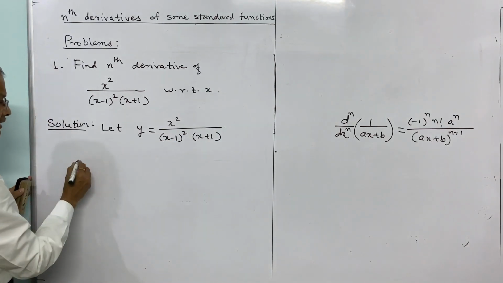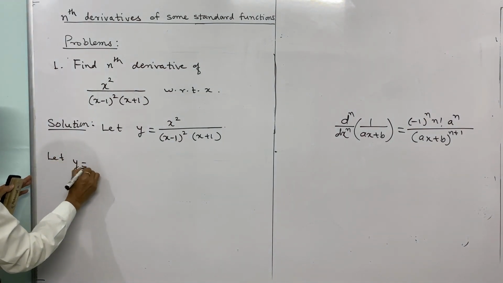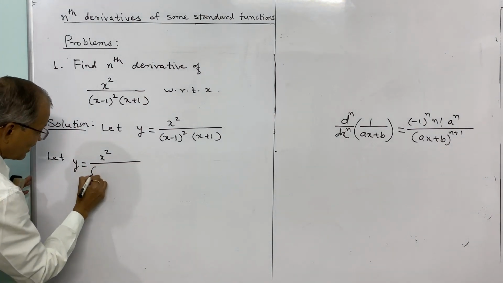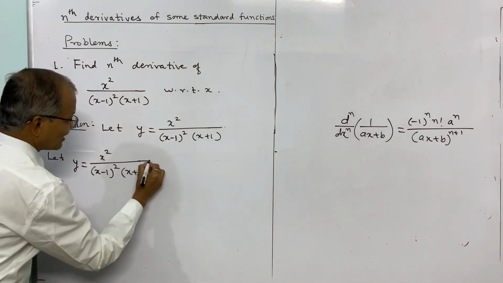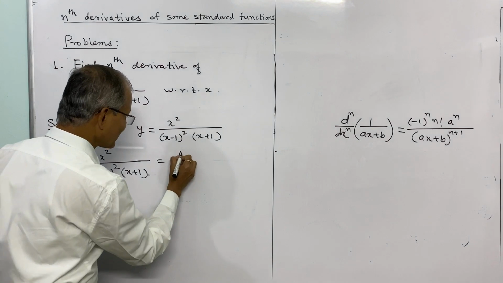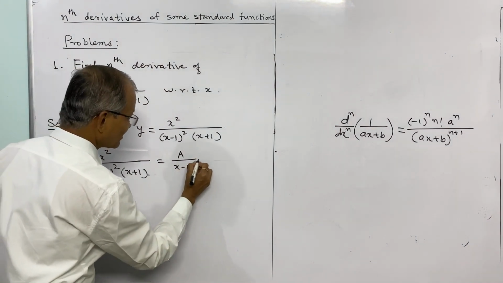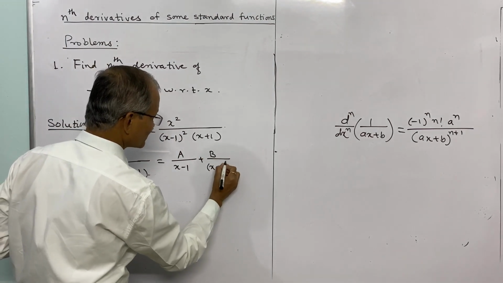Now further, let y is equal to x square divided by x minus 1 whole square into x plus 1. Now this factor is repeated. So corresponding to that, the fractions will be a divided by x minus 1 plus b divided by x minus 1 square.